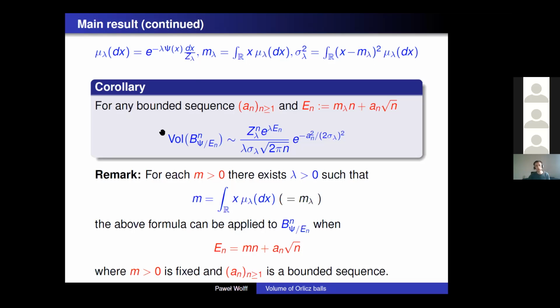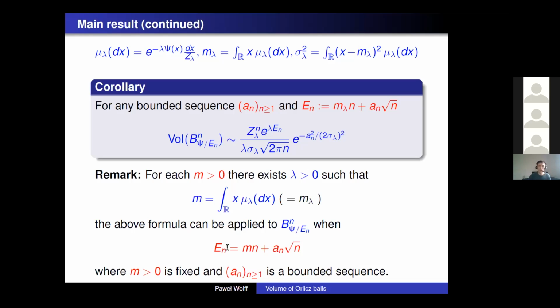And here's the corollary. And actually, one can ask for the role of this parameter lambda here. It turns out that it's a simple analysis to see that you can do the reverse. You can fix the proportion m, the proportion in which will be the linear factor of the dimension for the levels of the Orlicz balls for which we are looking.